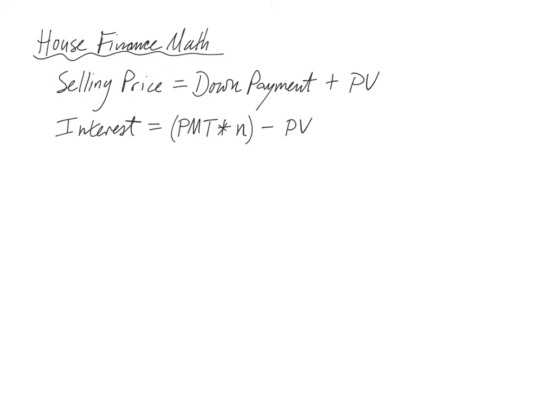I think another way to think about this that usually makes more sense to students or in the real world is if you take the down payment away from the selling price. That will give you your present value, aka your mortgage value.